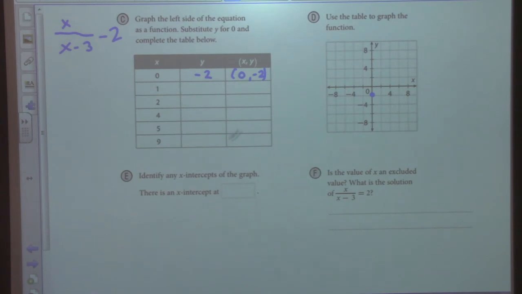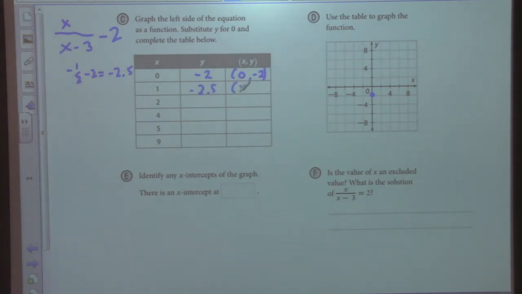Okay? And then if we plug in 1, we get 1 over 1 minus 3, excuse me. So that's going to be negative 1/2 minus 2, which is negative 2.5. So negative 2.5 will go here.